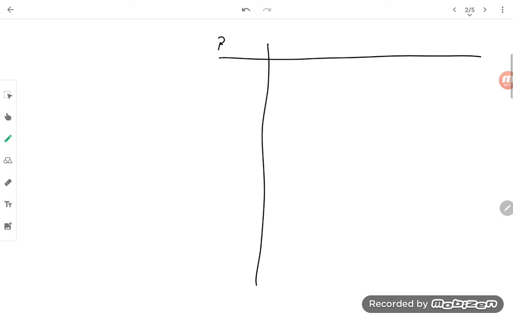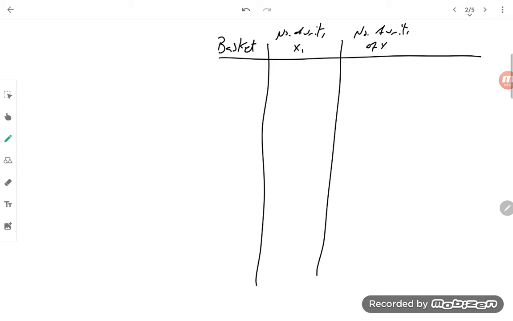This is the basket, number of units of X1, number of units of X2, and finally the total utility you are going to get from consuming these commodities, or total amount of satisfaction.